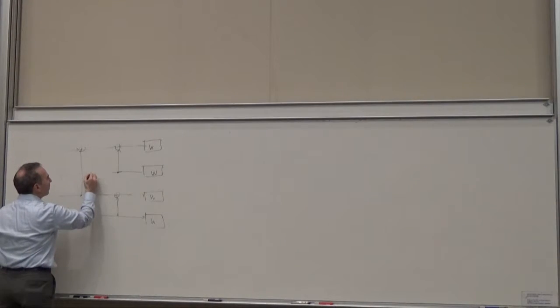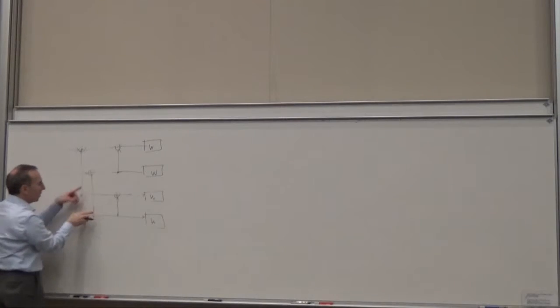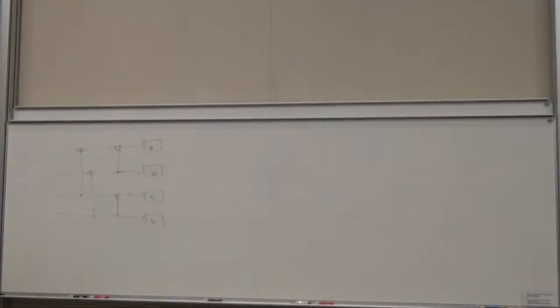Then I do the same thing here, combining the two copies of W plus with each other. So this one is traveling over the channel W plus plus. This one was seeing W minus minus, this one W minus plus, and this one W plus plus.